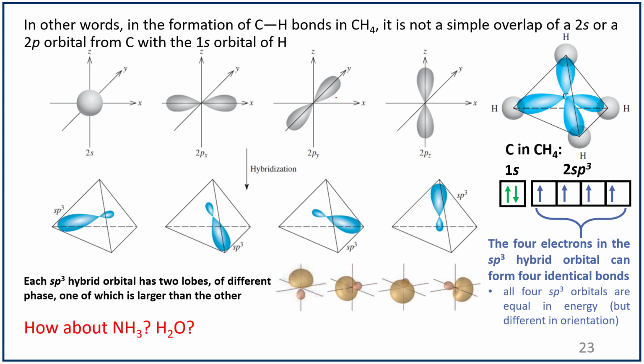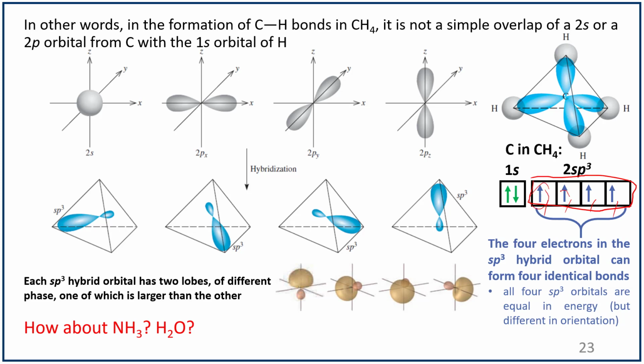But if we do another thought experiment in which we assume that all of those 4 electrons are in hybrid orbitals, a new orbital with this configuration, sp3, a mix of 2s and 2p orbitals. And let's assume that this hybrid orbital has 4 orbitals, and these orbitals 1, 2, 3, and 4 are equal to each other.